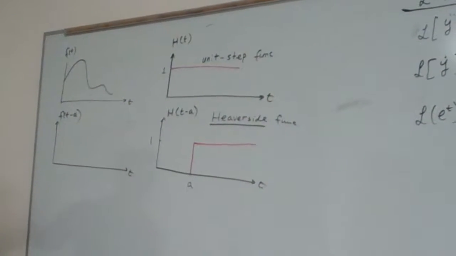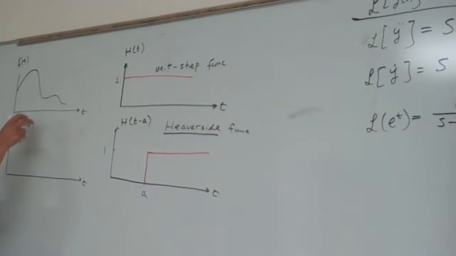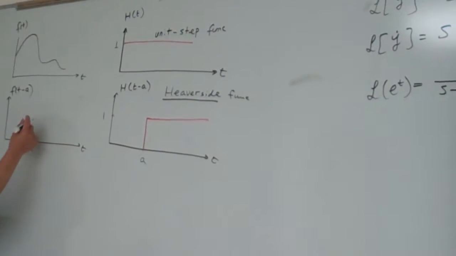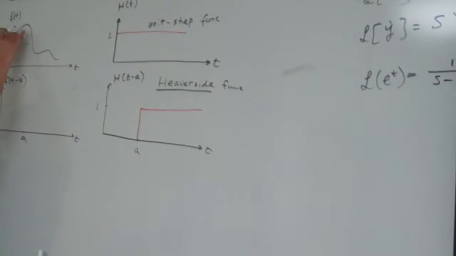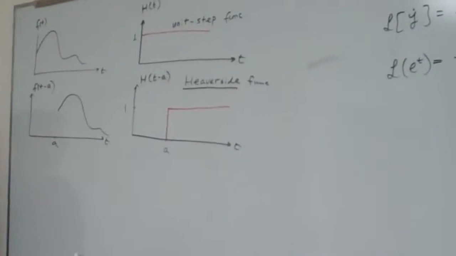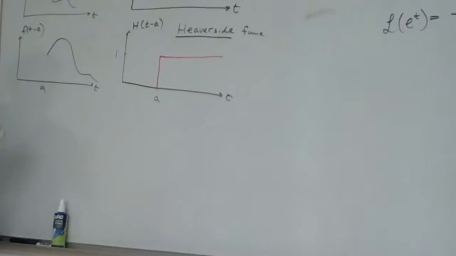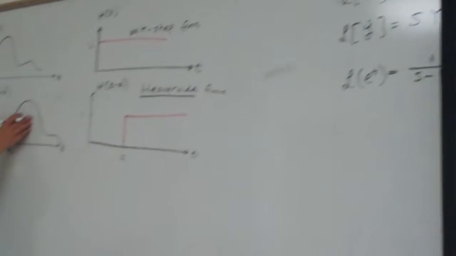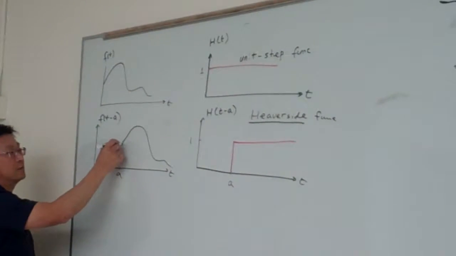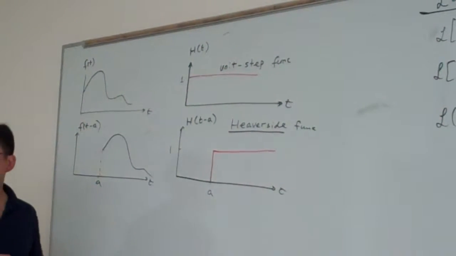It is simply this: you shift the function offset to here. So if I copy and paste the curve to here, that is f of t minus a. The difference is that this is a function shifted from t equal to 0 to here. That's the meaning of those terms.